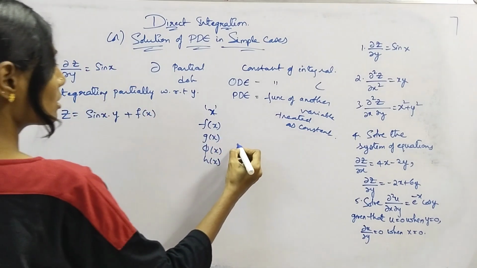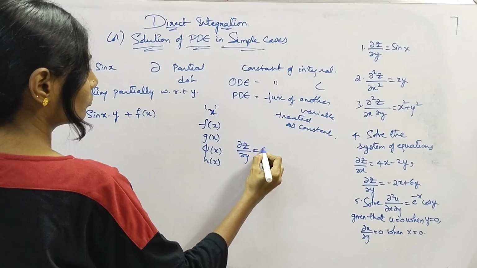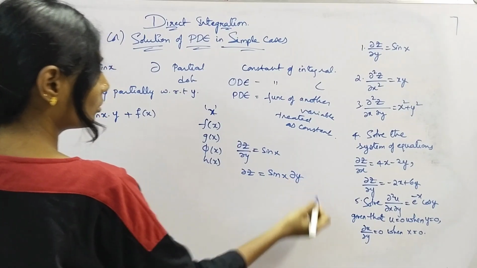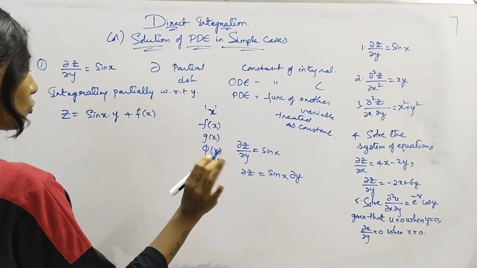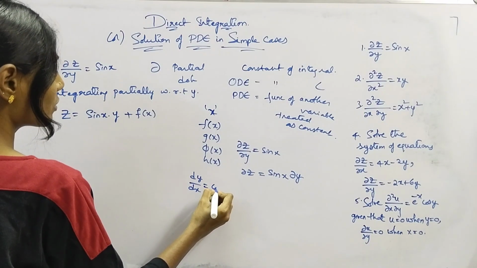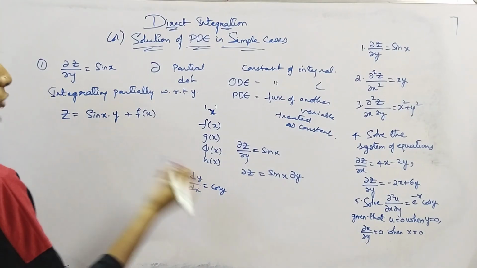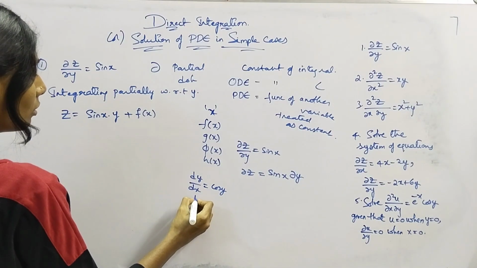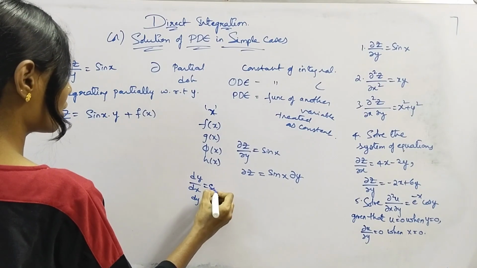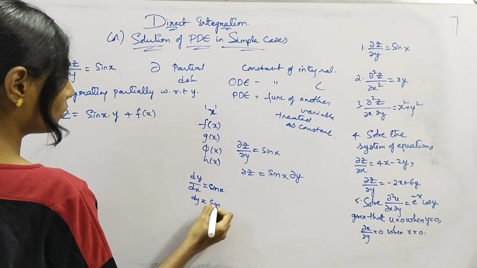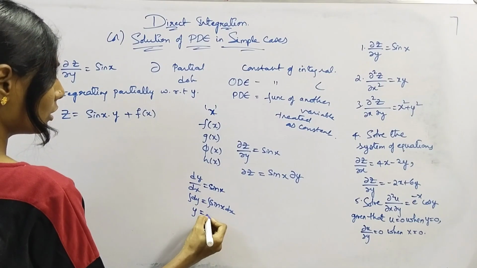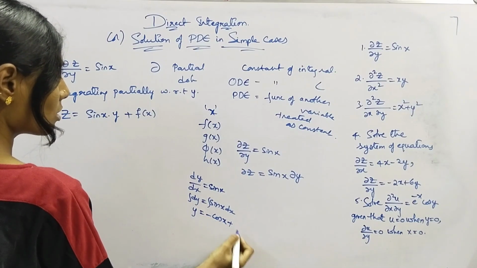You can write this as an ordinary differential equation, just for the sake of understanding. If we have some cos y, let it be, and sin x, nothing to worry, then you'll get y = integral of sin x = minus cos x plus some constant c.